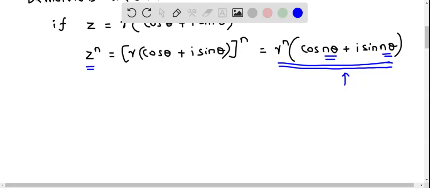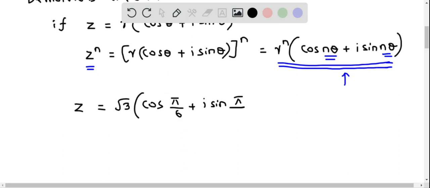So let's do that. I'm going to copy the z. So we have z equals root 3 times cosine of pi over 6 plus i sine pi over 6. Now we find z to the power 8, which is the thing that we have to find.